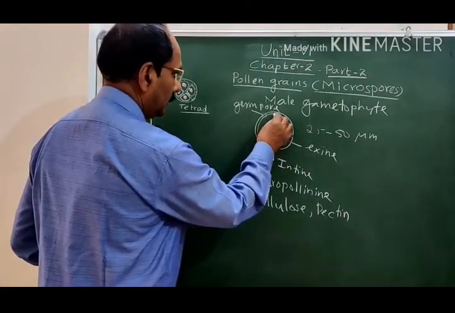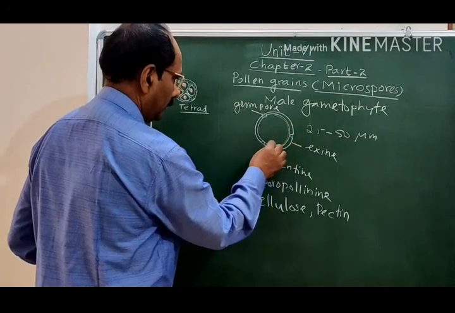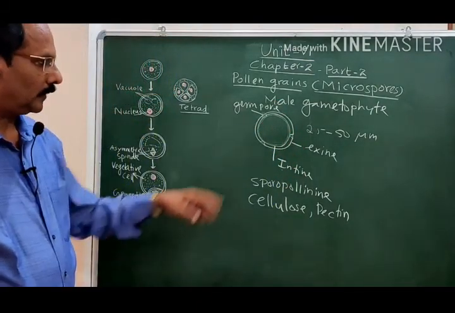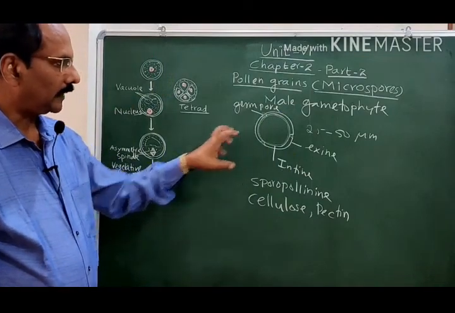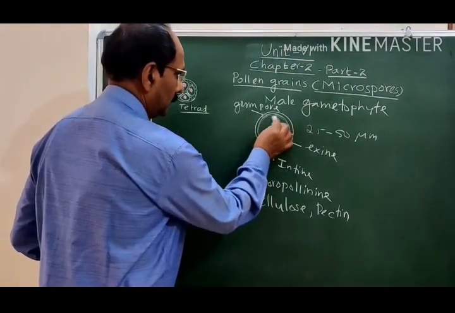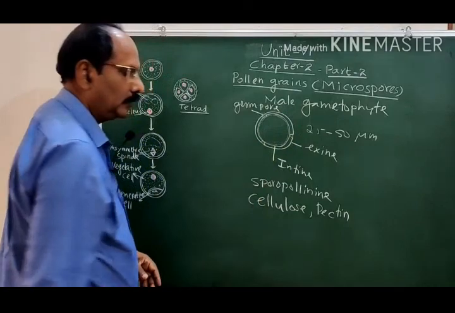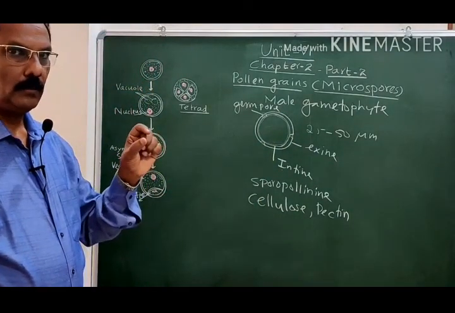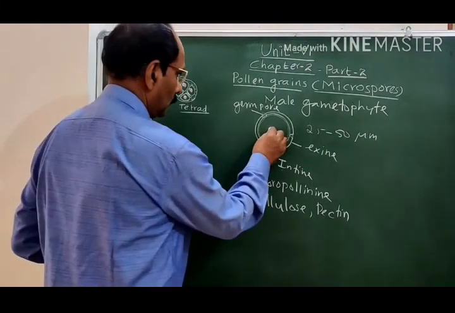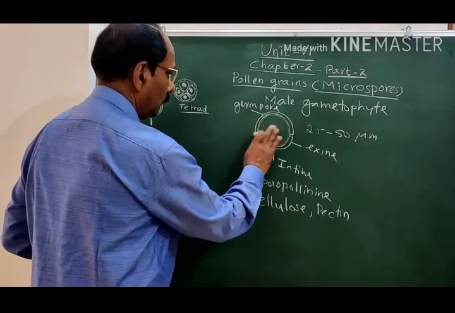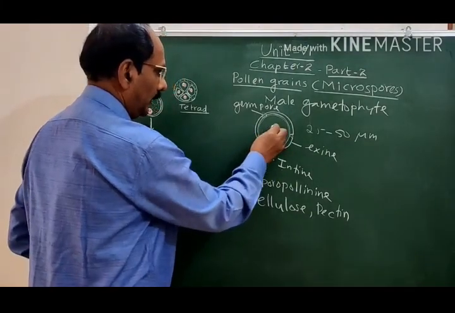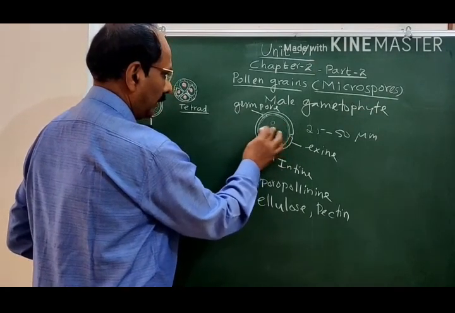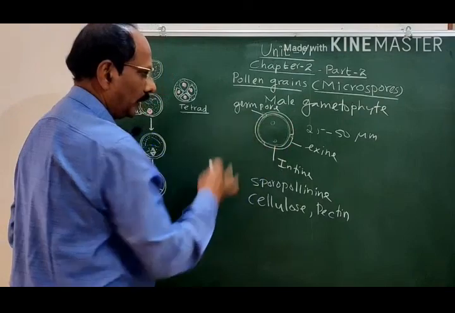Inside the intine, there is a thin layer known as the plasma membrane. So it is a cell. The plasma membrane is common to all cells. Inside the plasma membrane, the cytoplasm is present. This is the cytoplasm. In the cytoplasm, there are two cells. Actually, at the beginning only one nucleus is present. This is the one nucleus, and this nucleus will divide, with one nucleus remaining on the upper side and one on the lower side, and the karyokinesis is complete.